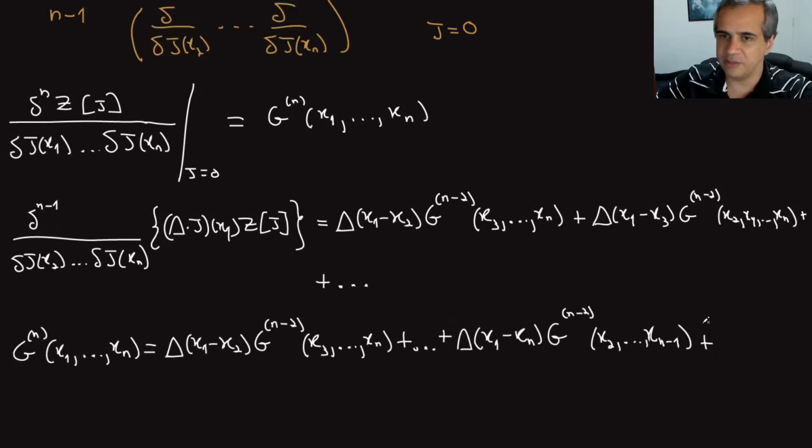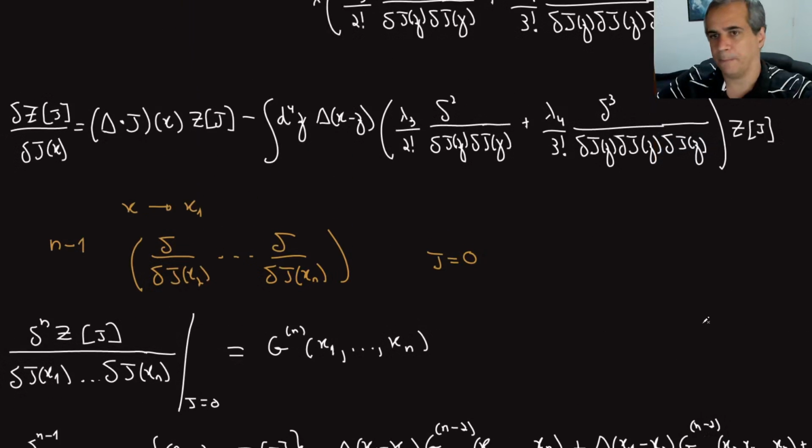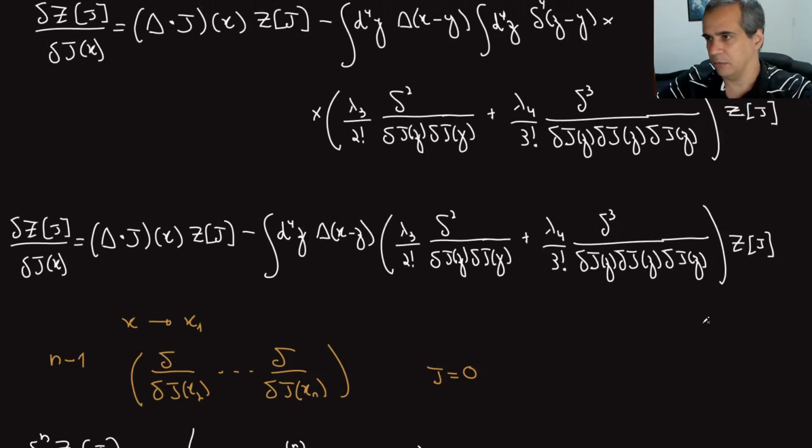And then for the last part, this part, the extra derivatives will go through this, because there are no j's here, and we'll get them together with these extra j's here. So now I have n minus 1 derivatives acting on z, plus 2 in this case, and plus 3 in this case.